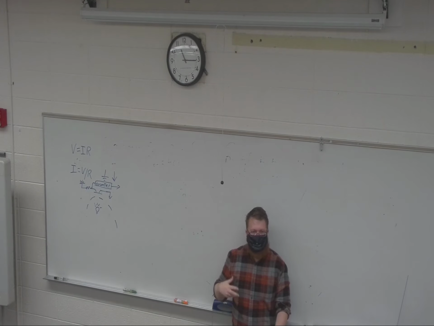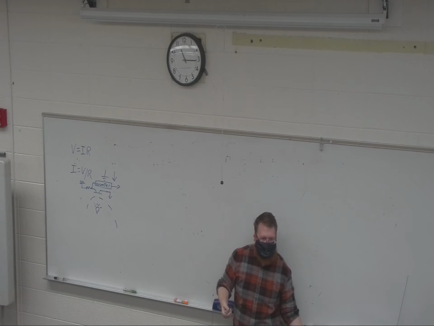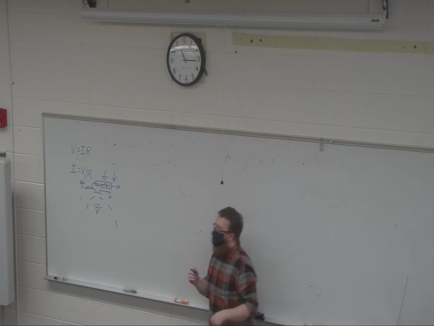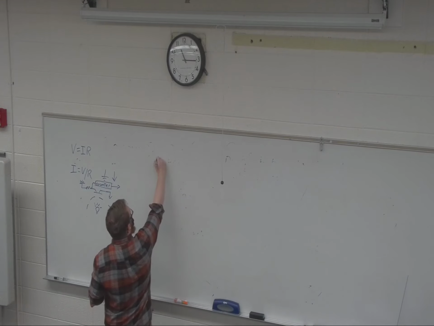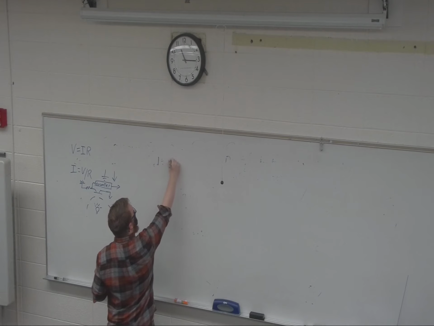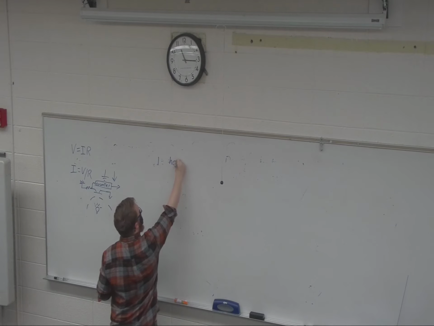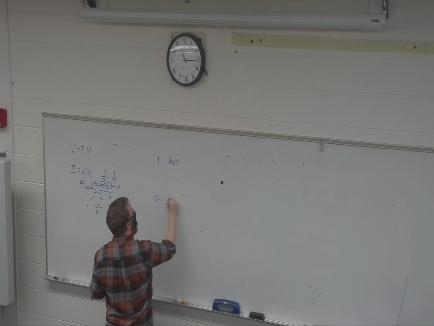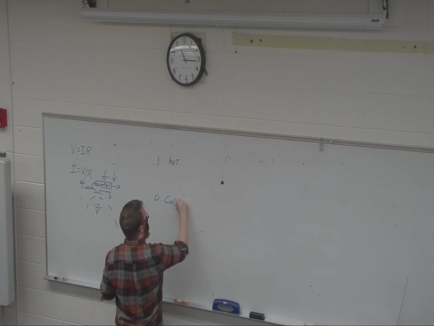Warm water is a mixture between hot and cold, which is neither 1 or 0. So we have to add another bit, right? So 1, I want hot water. 0, I want cold water.